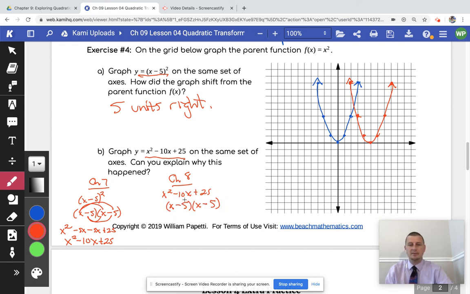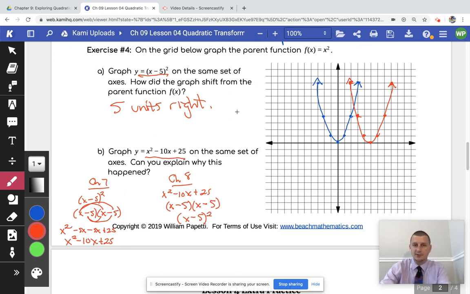Well, they both have to be negative. And if both factors are exactly the same, you can rewrite this as x minus 5 squared. So whether you're looking at this from a chapter 7 perspective on multiplying or a chapter 8 perspective on factoring, both will lead you to the same conclusion, that these are the same because they are equivalent expressions.